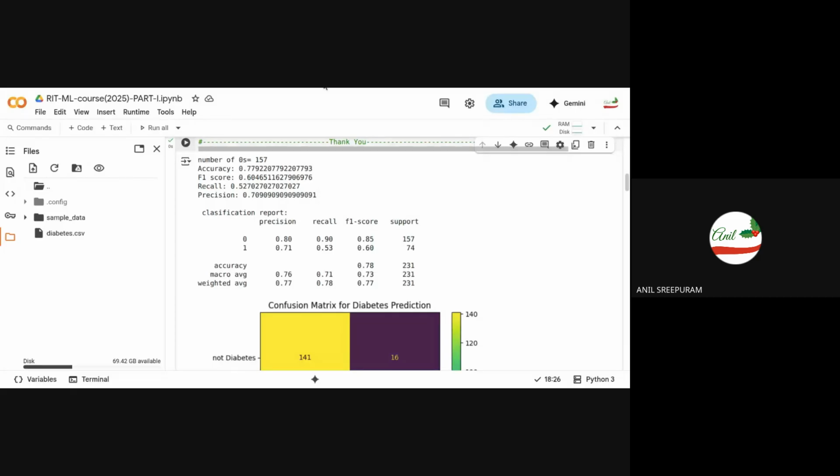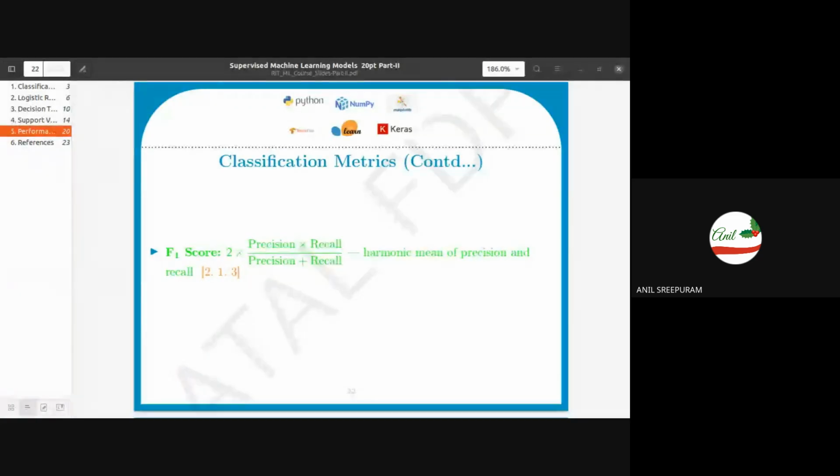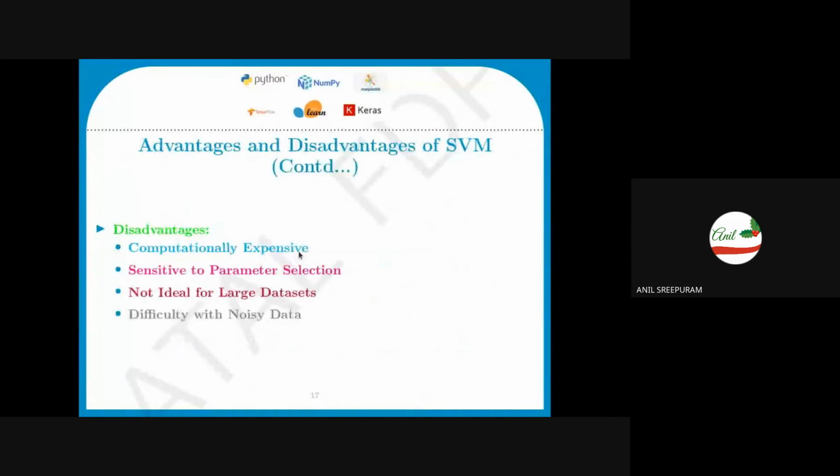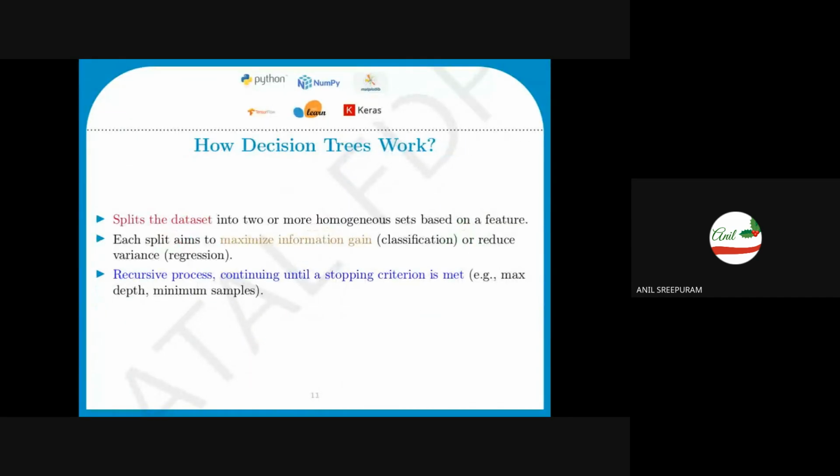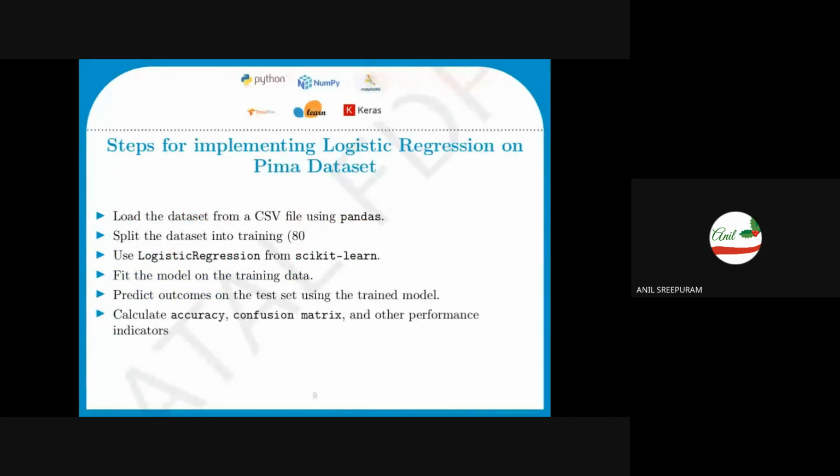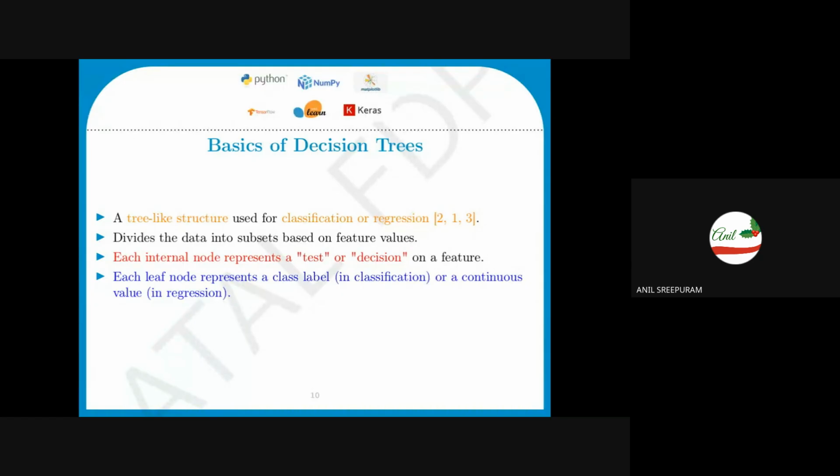Then let us come to the next model, called the decision tree model. Decision tree means we all know what a tree-structured data is.